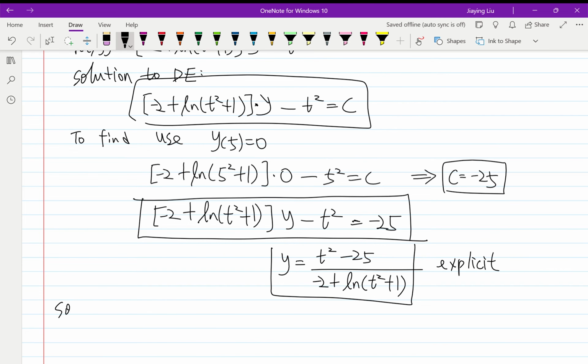What about the solution interval at the end? This is the last part we have to talk about, then we can look at the homework problems. The way I look at it, when we find the solution interval, we just look at this function y. You have a natural log, so you have to be careful, you want whatever is inside the natural log to be positive, so t² plus 1 has to be positive.